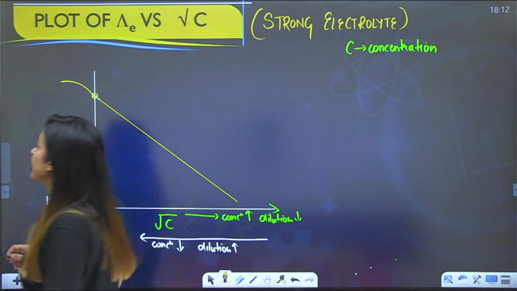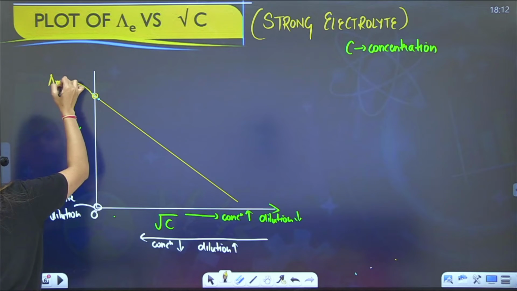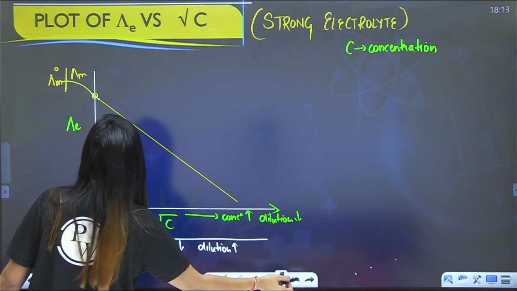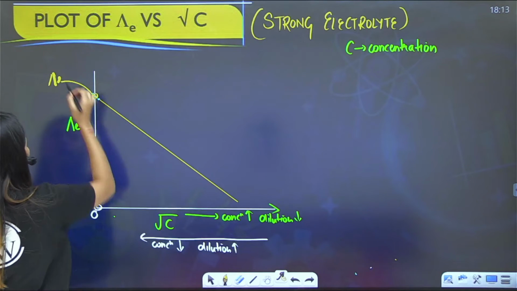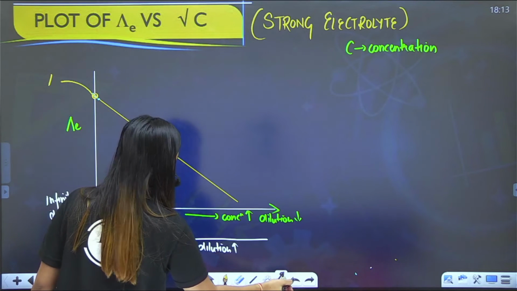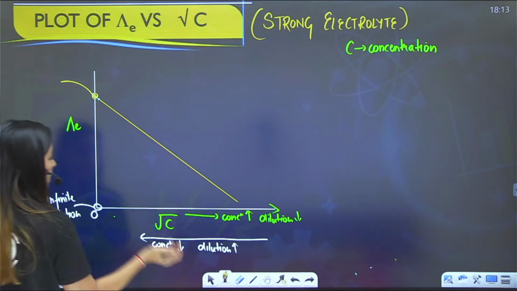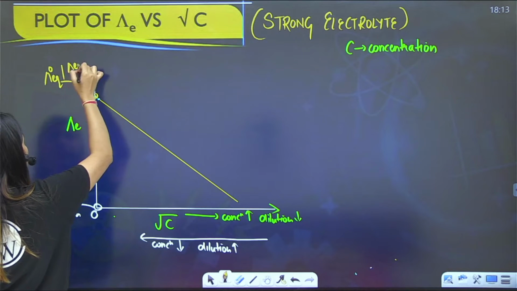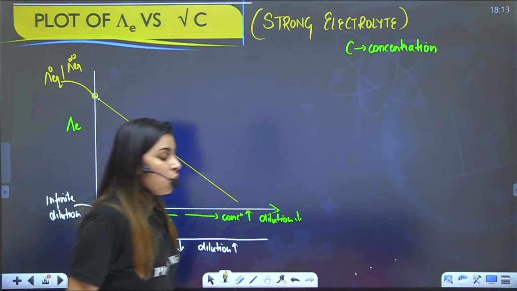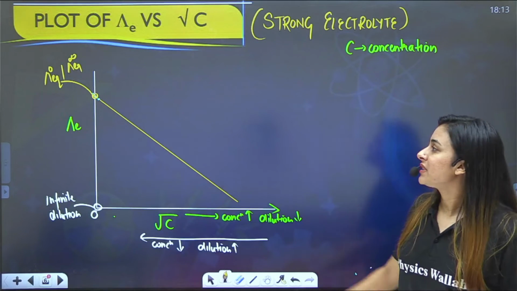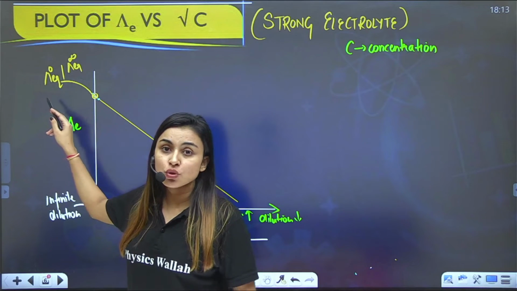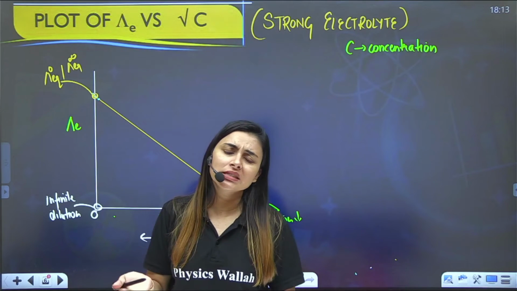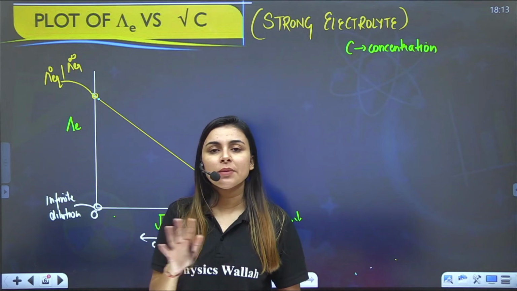So they called this point lambda E naught or lambda E infinite, equivalent conductivity naught or equivalent conductivity infinite. What do these symbols mean? These symbols mean equivalent conductivity at infinite dilution or limiting equivalent conductivity. These are the two names which mean the same thing, but in your books these are mentioned like this.